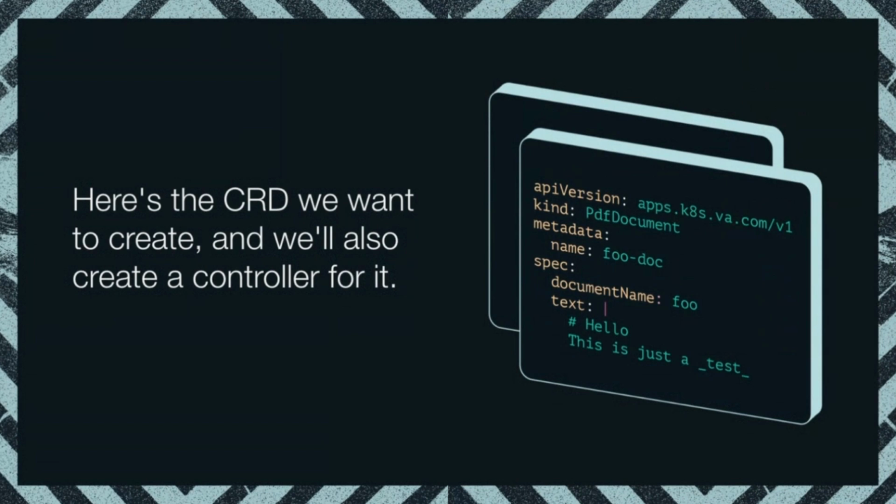What you're looking at is what the CRD would look like. Very simple, very generic. You can see that the spec is essentially just the document name and the text. Of course, right now we do not have a controller to go with it. We're just trying to define exactly what we want. So this is part of the design process.